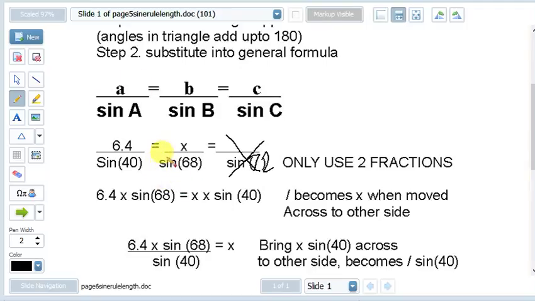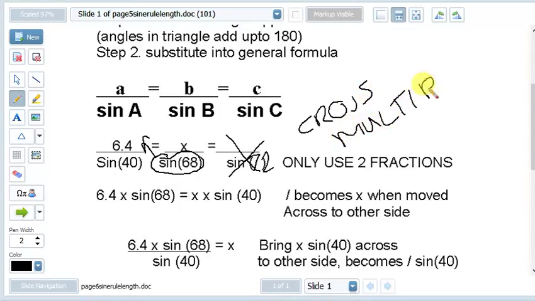So the first thing that we've got to do is get rid of the fraction, and we get rid of the fraction by cross multiplying. Basically we divide by sine of 68 on this side, so when we bring it over to the other side of the equal sign, it becomes times sine of 68.